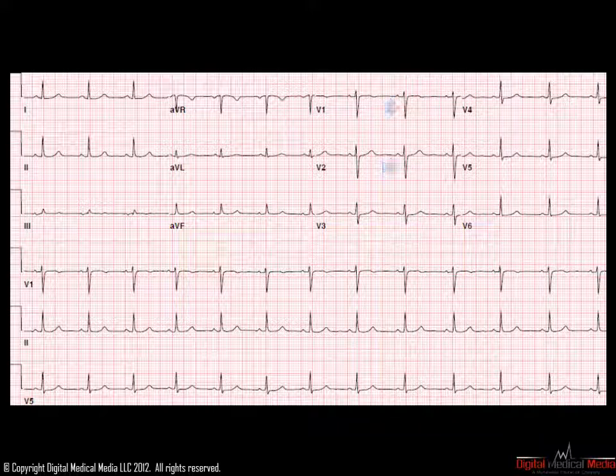V1 and V2 are mostly negative. V3 is the lead of transition. Notice that the R wave and the S wave are essentially balanced in lead V3. By the time we move to leads V4, V5, and V6, it is almost all R wave, in other words, all positive. Transition in this heart is by lead V3, which is completely normal.